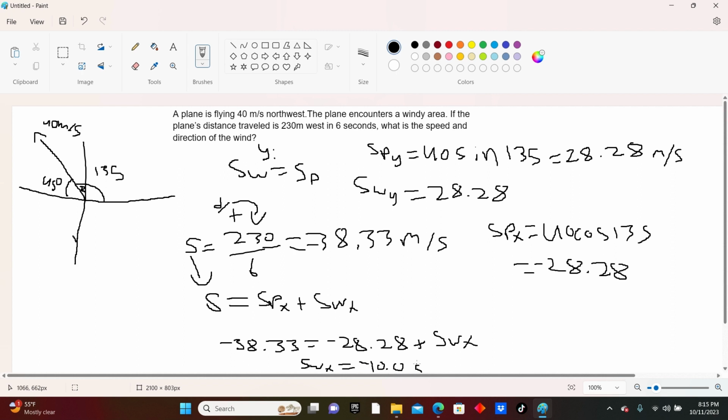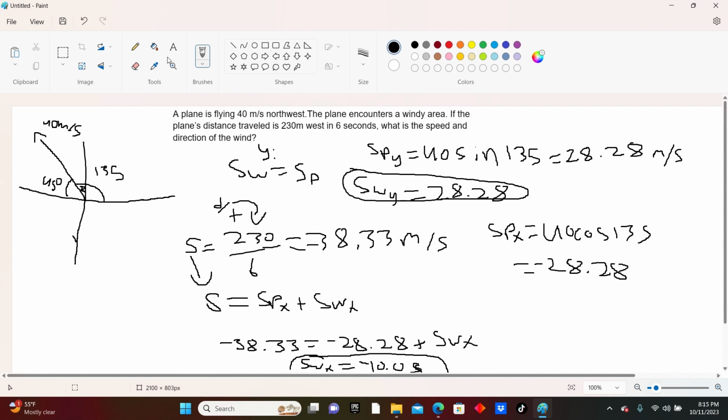Since our value is negative, that indicates that the wind speed is going in the west direction. So now we have our vertical component of the wind speed and our horizontal component. We have these two values right here. Now using these two values, we're going to find the magnitude or the hypotenuse to find the speed of the wind.